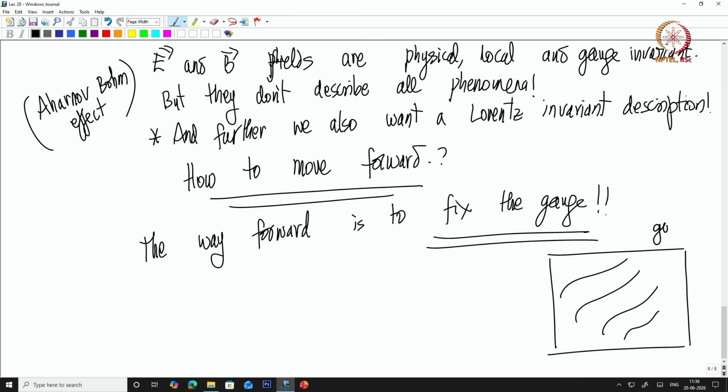So gauge orbits will be like this. These are lambda, lambda, lambda, so various lambdas 1, 2, 3, 4, but then you fix it. You fix the gauge such that the redundancy is reduced essentially. So, the redundancy is removed.